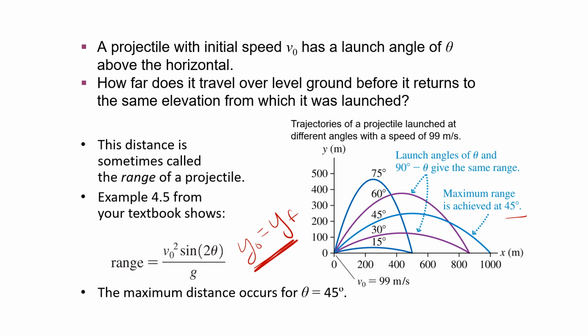This shouldn't be that surprising, but nonetheless, 45 degrees hits the max range. The minimum range is going to be anything that's less than 75 degrees, as you can see. This is also very important if you plan to play soccer or any other games.